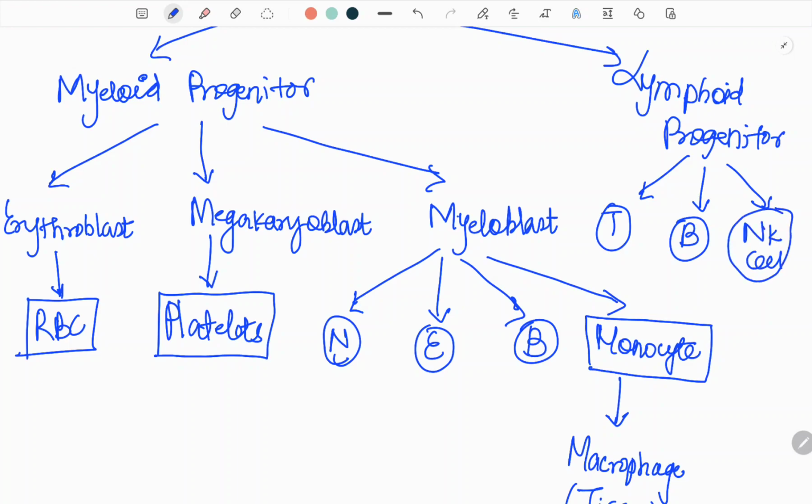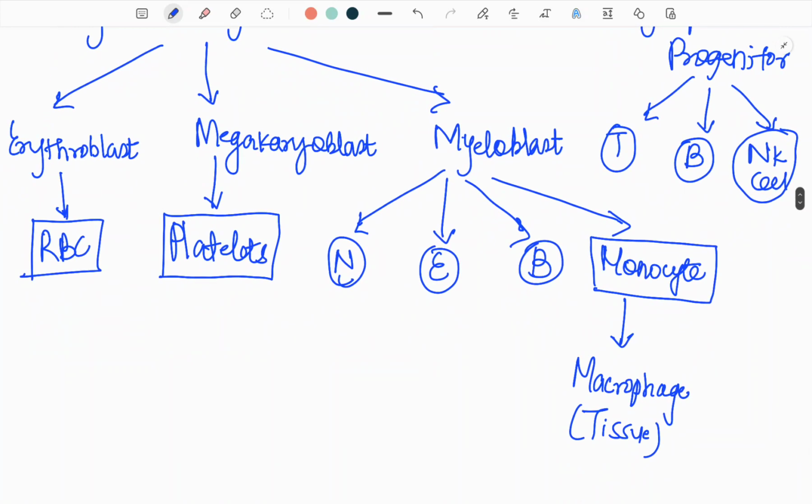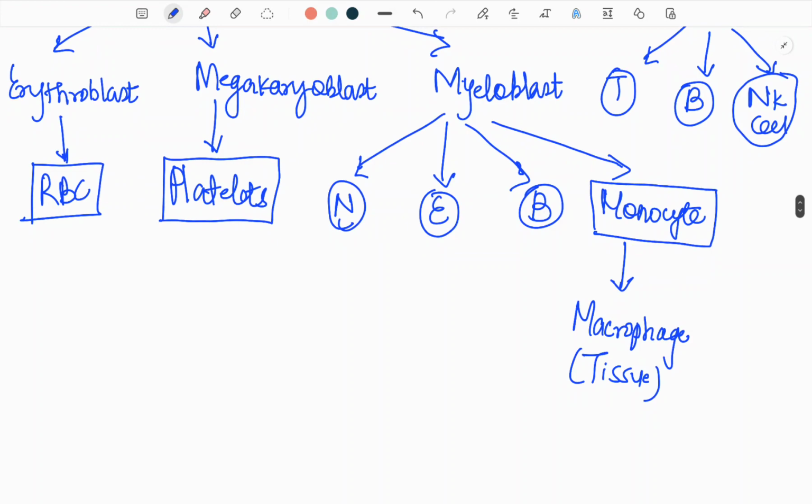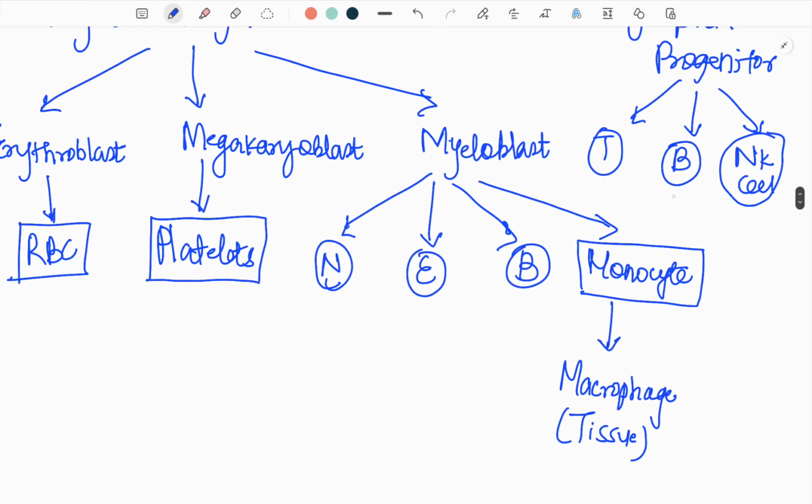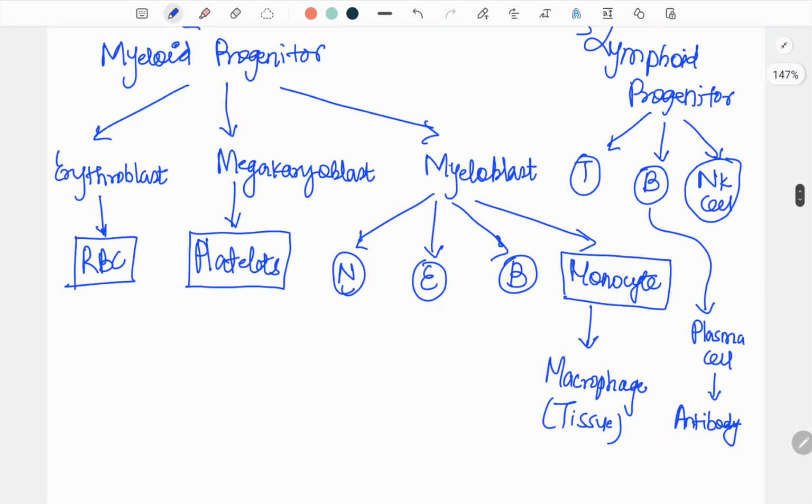All these have distinct functions which we'll discuss further when we discuss immunity. B lymphocyte per se will transform into plasma cell, which will form antibody. So if you are asked which cell secretes antibody, the exact answer is plasma cell, which is a type of B lymphocyte.